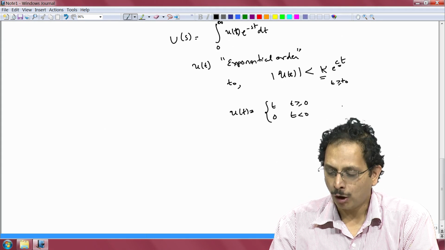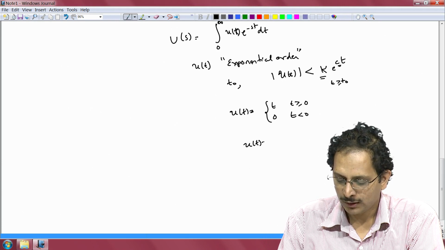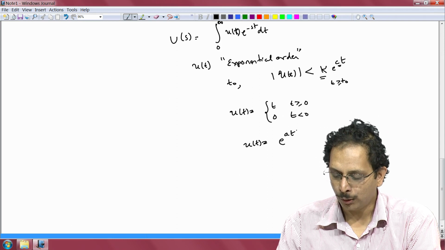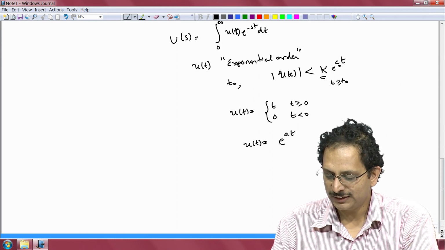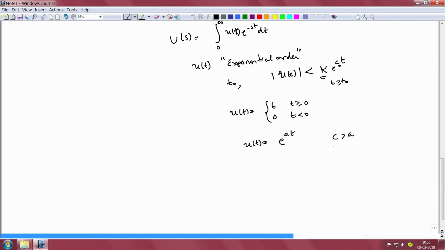Likewise if I have u of t equal to e power at, then I can bound this function by choosing a c that is greater than a. So even increasing exponentials are of exponential order.